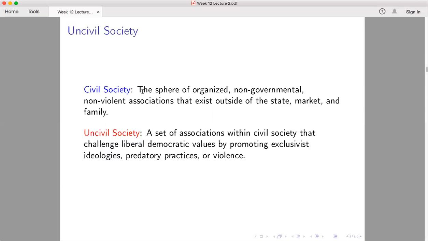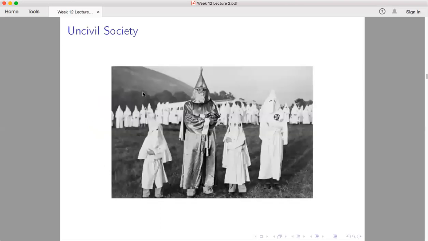But uncivil society is a specific set of associations within civil society that challenge these liberal democratic views that we assume civil society groups have by promoting exclusive ideologies, predatory practices, or some type of violent behavior. So where we can think of a civil society group as being something relatively peaceful, for example, Greenpeace, we might think of an uncivil society group being something like the Ku Klux Klan, right?